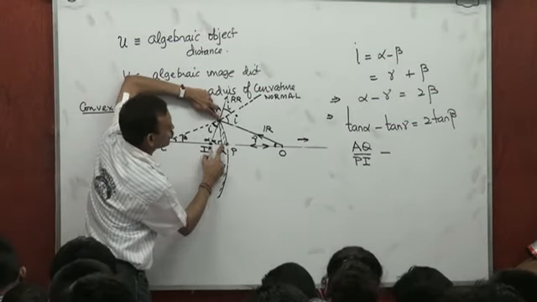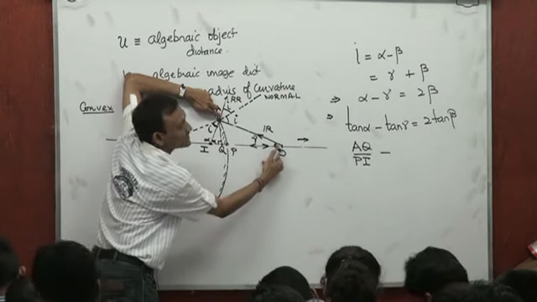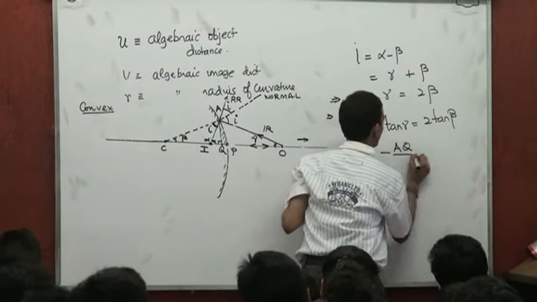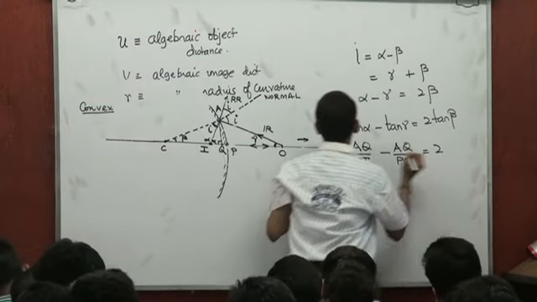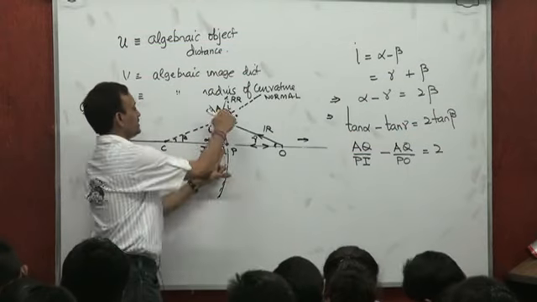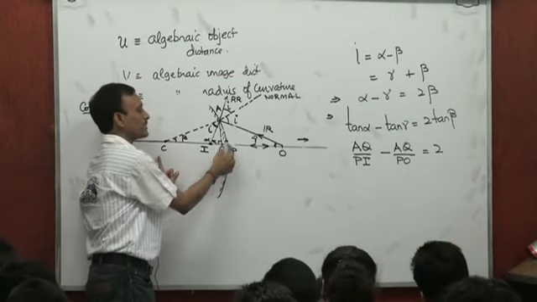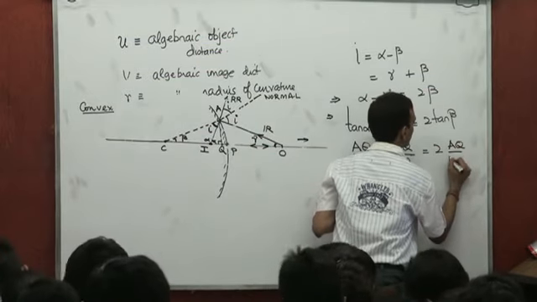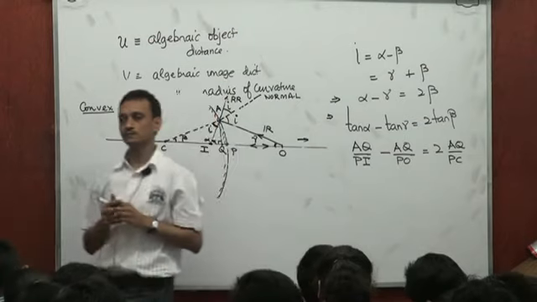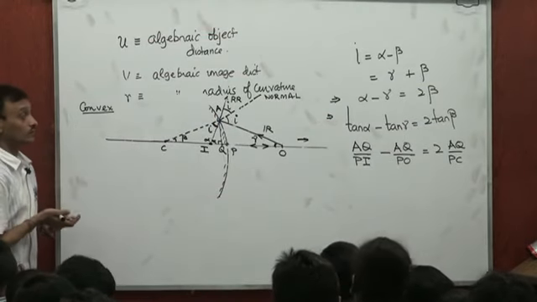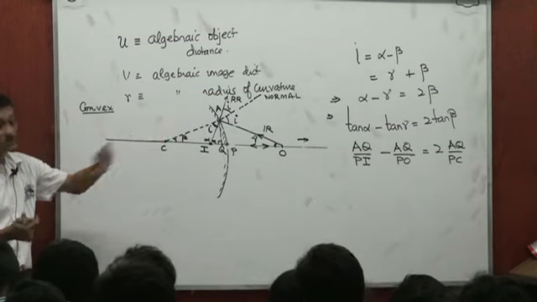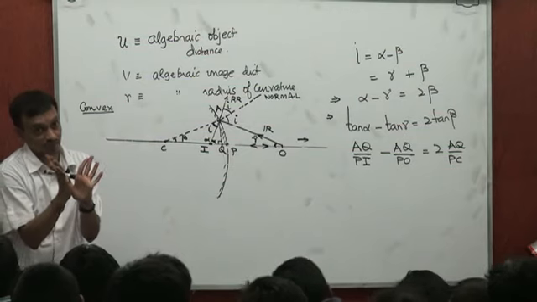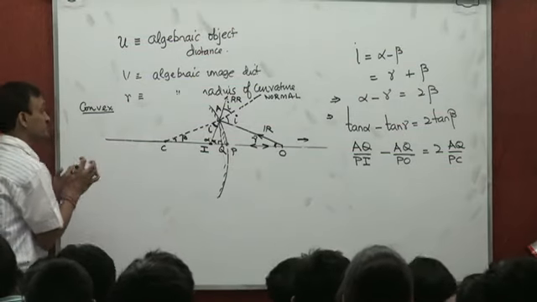Tan gamma is AQ by QO, but QO is practically the same as PO. Equals 2 tan beta. Tan beta is AQ by QC, which is the same as PC. AQ will get cancelled from both sides. PI, PO, PC are lengths. They are positive.